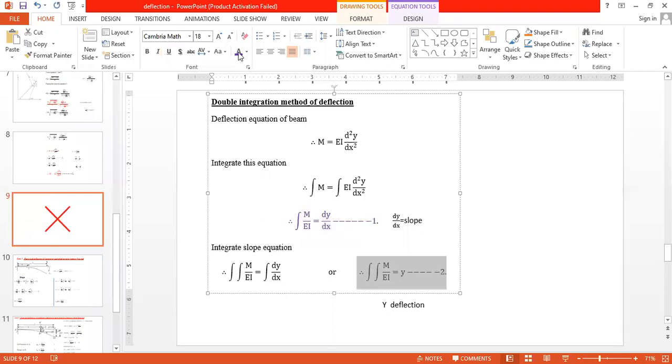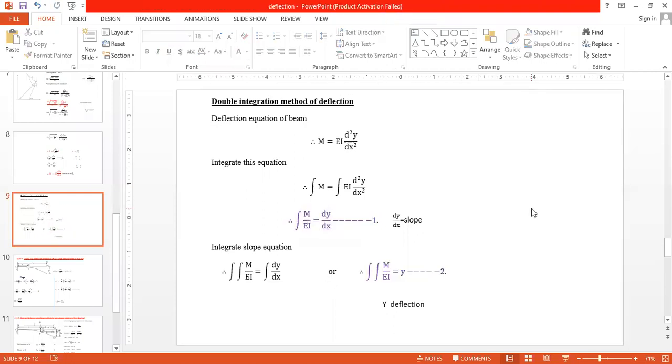Before that, I will tell you one thing. We have derived the relation between bending moment, shear force and the intensity of the load.